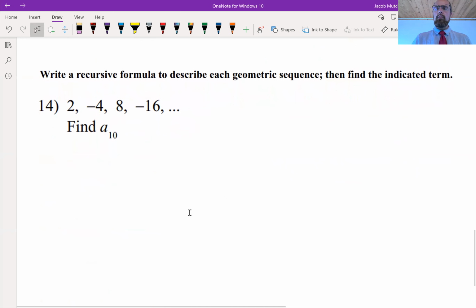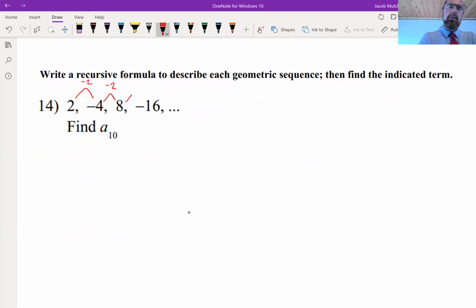Well, we'll take a look at one final example. So here again, I have an oscillating sequence: 2, -4, +8, -16. So again, I'll start by finding the common ratio. -4 divided by 2 is -2. 8 divided by -4 is also -2. So I'm checking to see if it's common. -16 divided by 8 is -2.